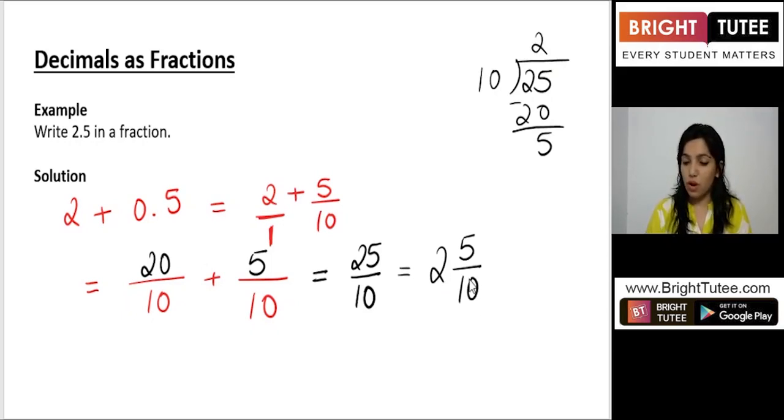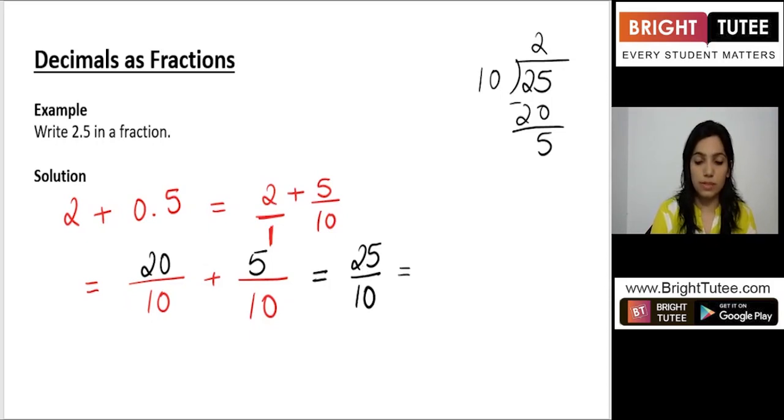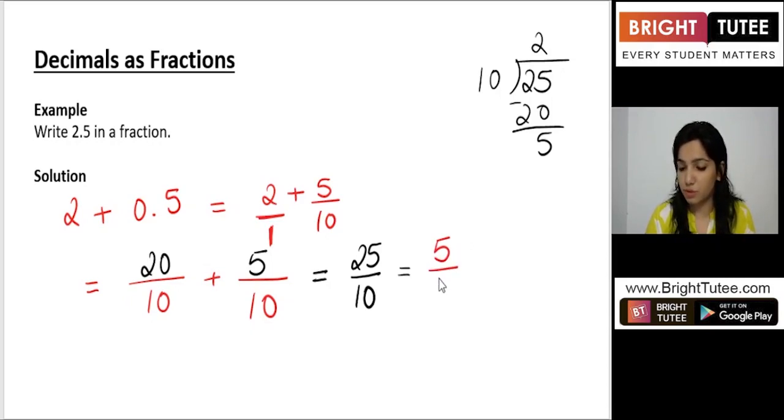Now also, what we could have done, instead of working directly with the mixed fraction, we could have first converted this into a simple fraction. We can divide both of these numbers by 5. So 25 divided by 5 is 5, and 10 divided by 5 is 2. Now let us convert 5 over 2 into a mixed fraction.